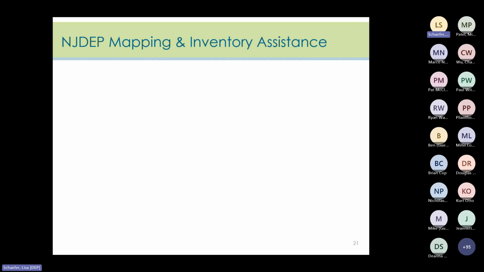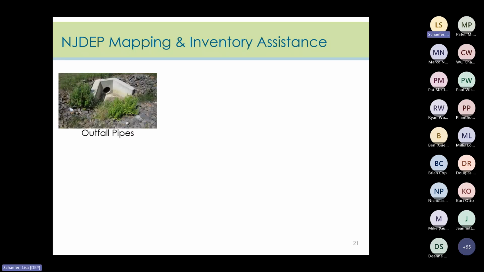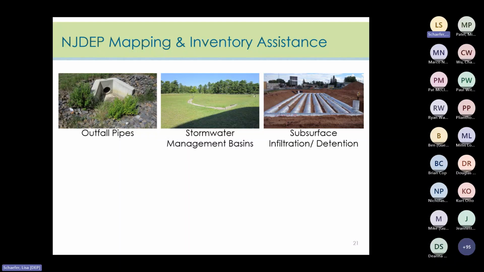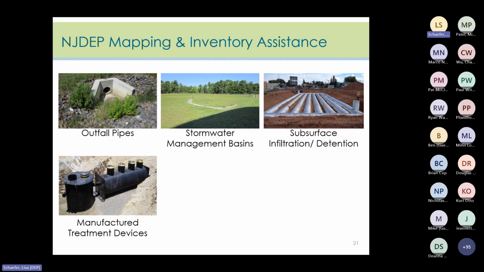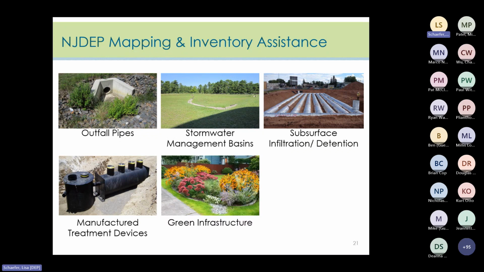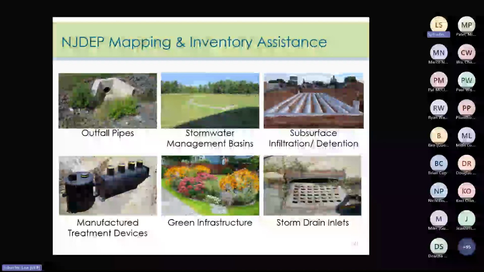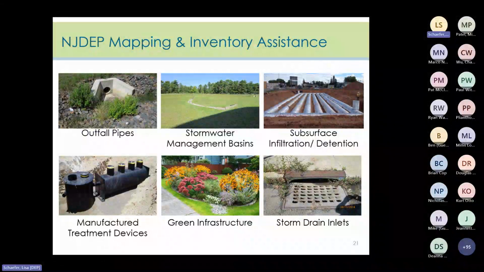These features currently include outfall pipes, stormwater management basins, subsurface infiltration and detention features, manufactured treatment devices, green infrastructure, storm drain inlets, and culverts. So we felt that these features were all easily collected as point features and would be a great starting point to mapping a stormwater system.